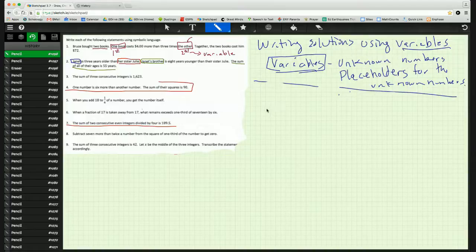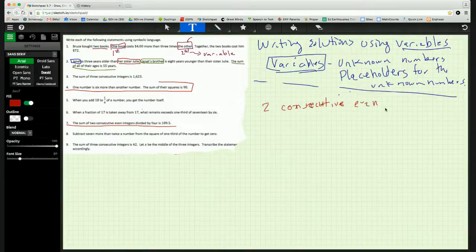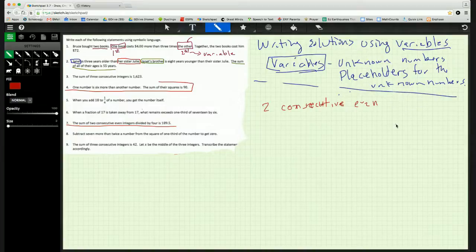If I tell you 2 consecutive even numbers, I like this problem. 2 consecutive even numbers. Even.